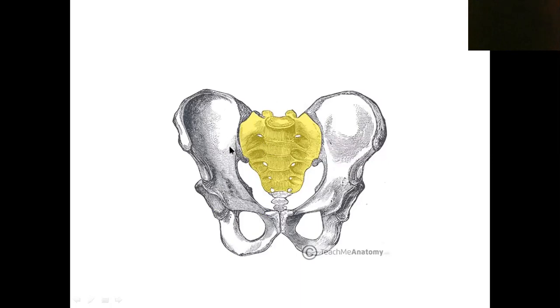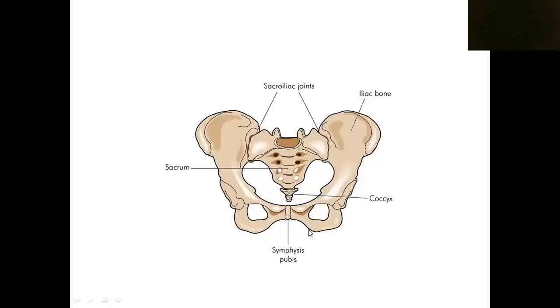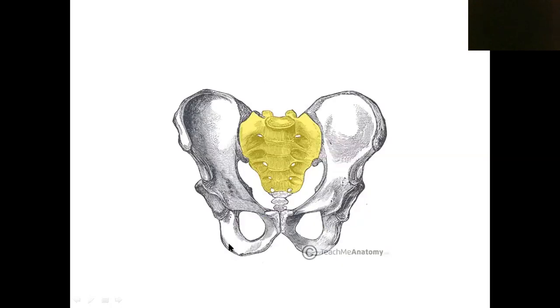The male pelvis is narrow when compared with the female pelvis. The third point is about the ischial tuberosity. Ischial tuberosities are widely separated in females, but in males they are a little bit closer. Now the ischial spines.